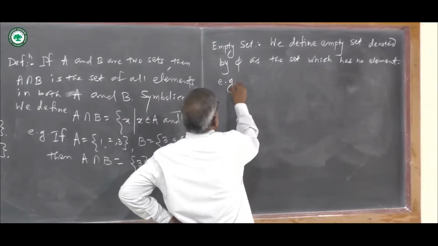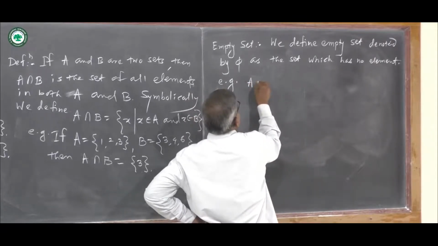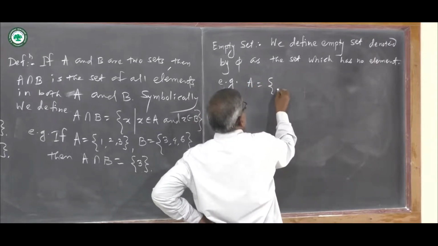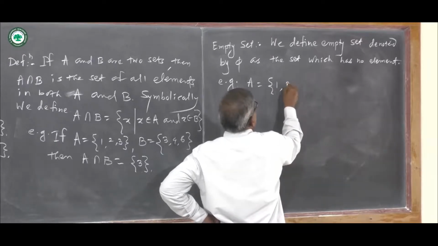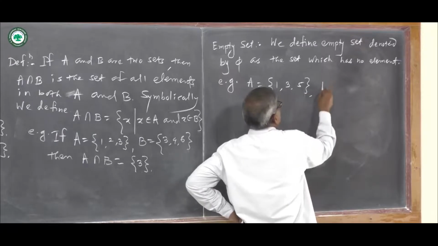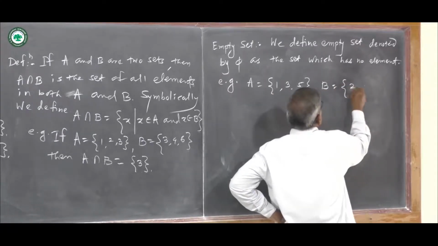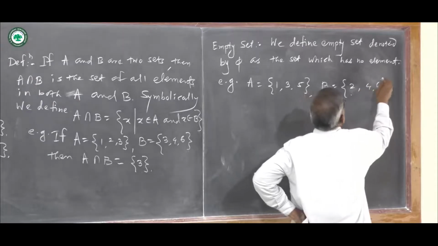For example, capital A is equal to {1, 3, 5}. Capital B is the set {2, 4, 6}.